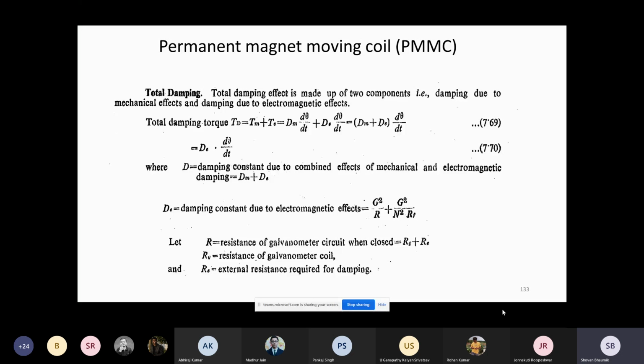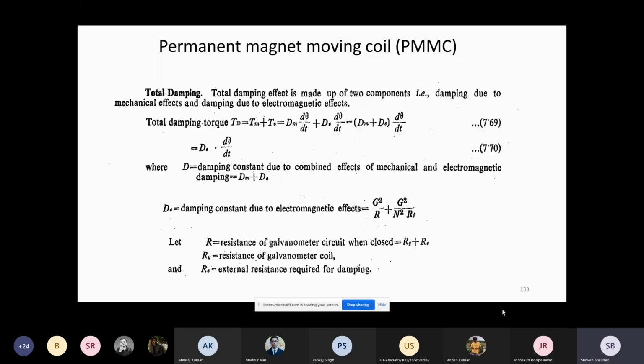That means it is the resistance of the galvanometer coil, which is wound on the former, RG, and the external resistance RE, if any, which is required for the damping. And now in G²/(N²RF), we have seen what G is. N, capital N, is the total number of turns. RF is the former resistance.